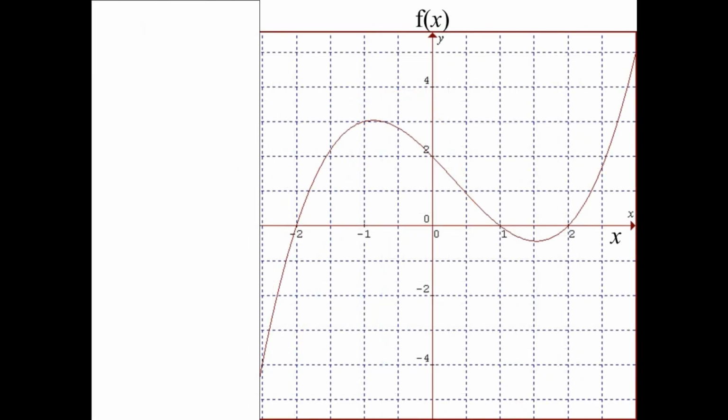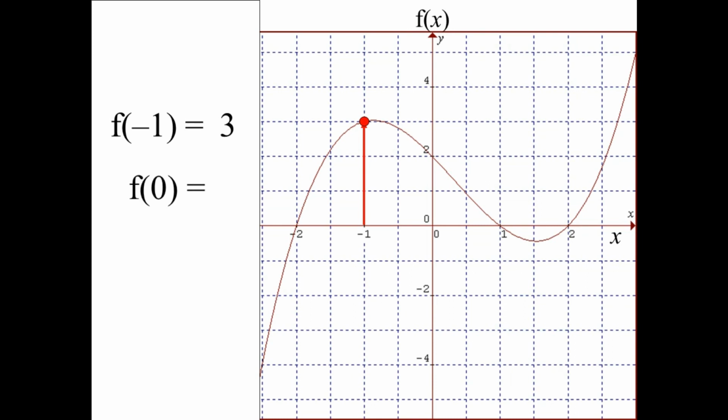Here's another curve. F of minus 1 means go to minus 1 on the x-axis and say, what is the y value associated with that? The y value associated with that is, we can see here, 3.